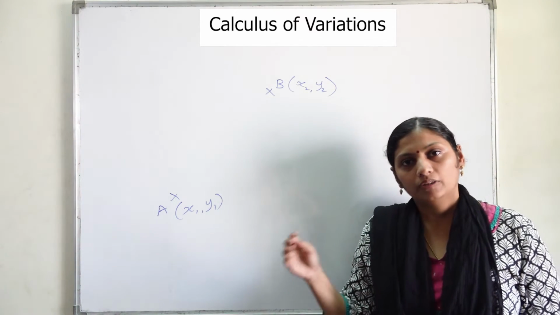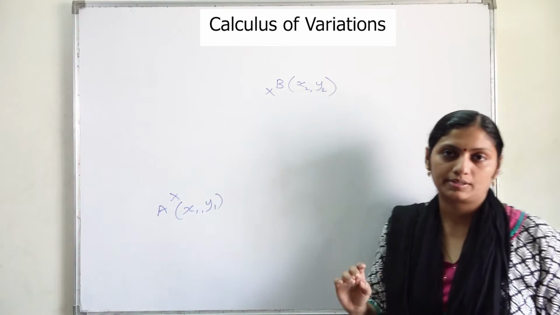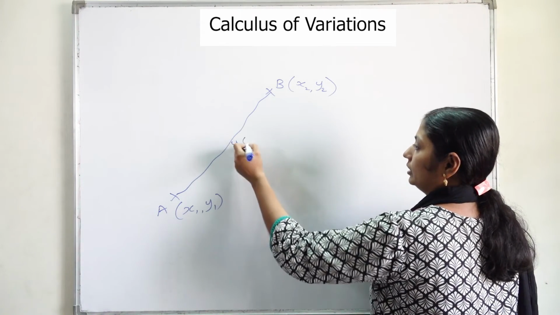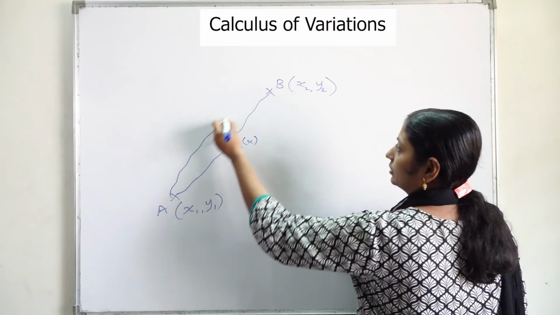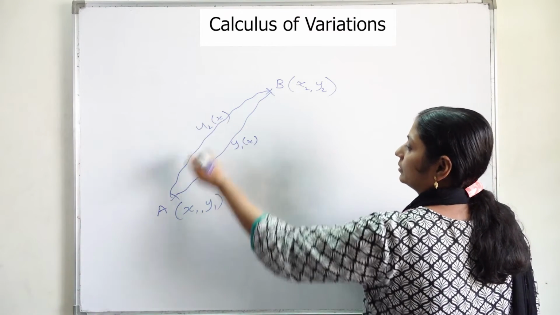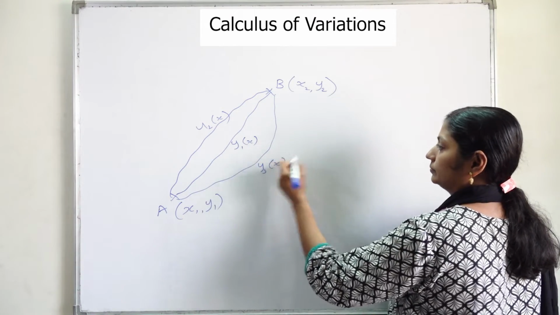Now you can find out infinitely many curves joining these 2 points. Say curve y1 of x, curve y2 of x, curve y3 of x, etc.